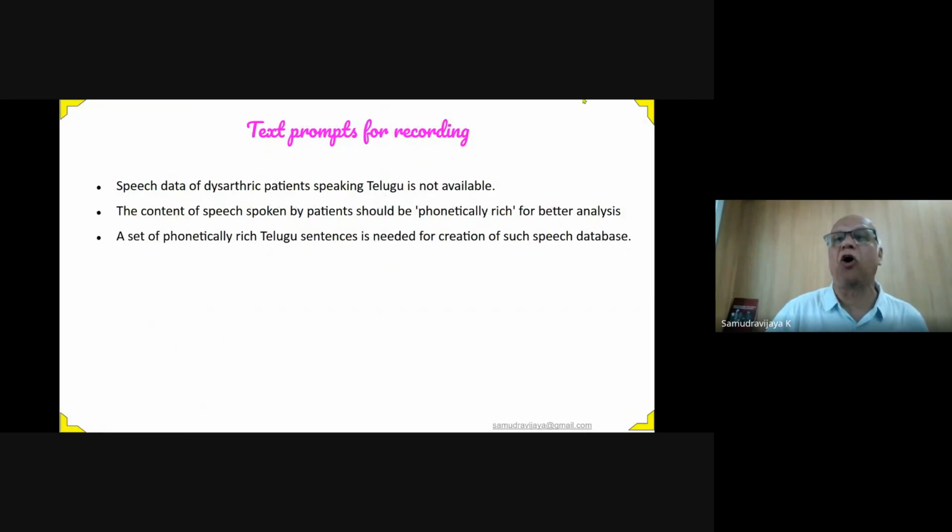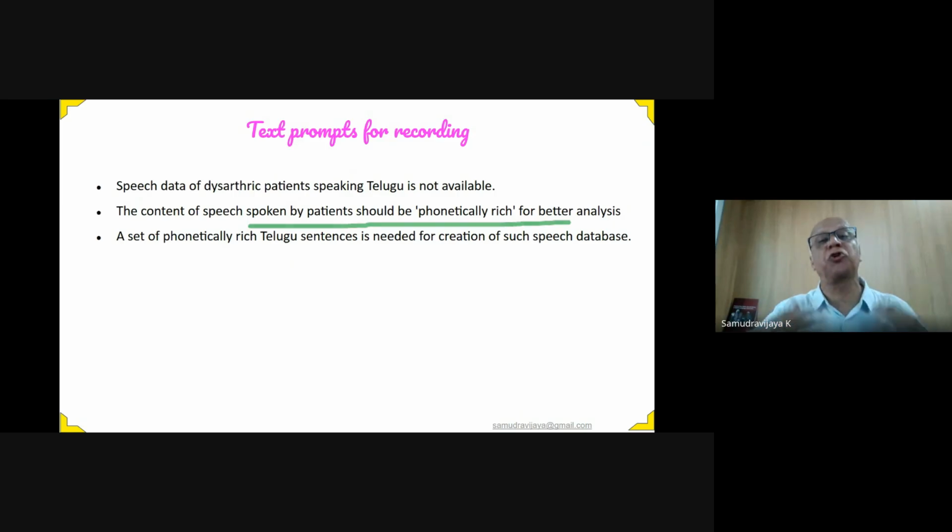Such data is not available, and we need to record it. What should be the characteristics of such sentences? If you say short sentences, just 3 words, and everybody says the same 3 words, like I'm fine, I'm okay, I need water, then not all speech sounds will be recorded.